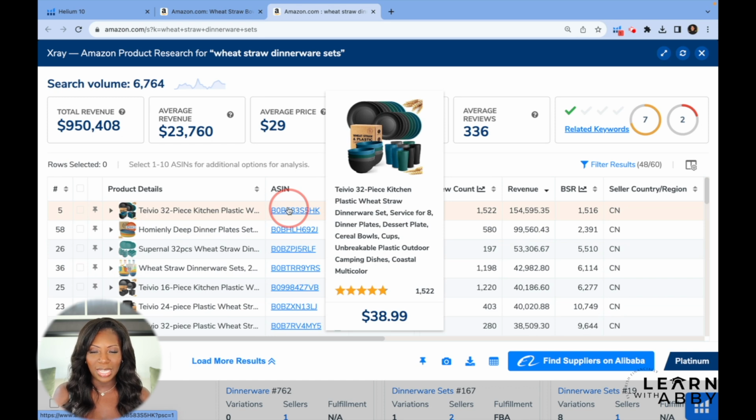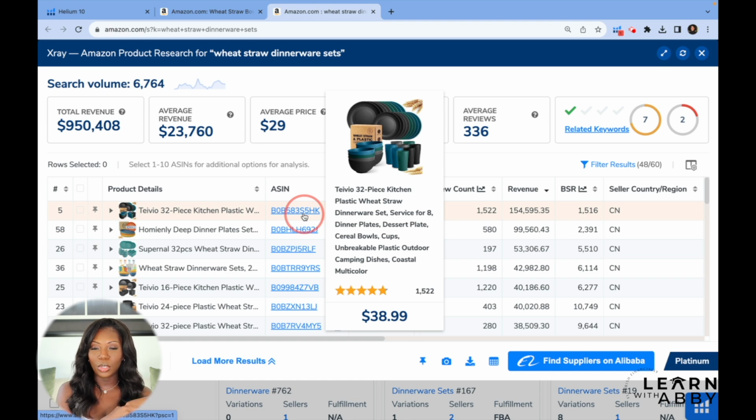I don't know if that makes sense, because I'm not sure if the purpose of these items is that they're somewhat disposable. The only reason I'm saying this is because people are writing in the title outdoor camping dishes. So I'm not sure if you're meant to just use this temporarily and then get rid of them or what. I would have to do more research, but that's one thing that I would think of, maybe just a cover so that people can keep leftovers.